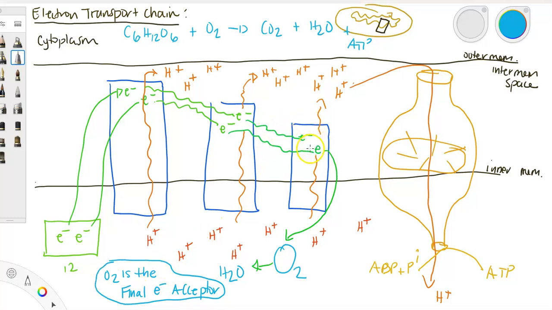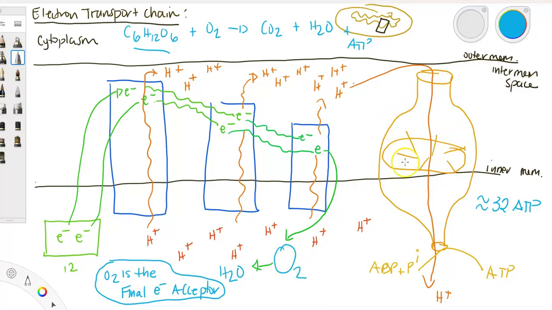So the electrons hop off of here, they attach to oxygen, make water, and these electrons can jump on. And it does that and does that, and we make ATP that way. So per 1 molecule of glucose, we end up with about 32 ATP.